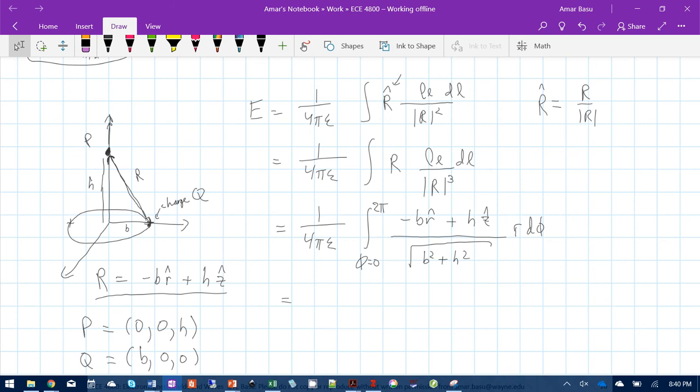Why can we cancel out the r hat term? Correct. We know that this r field, the lateral field, is going to cancel, and you're going to be left with just a z field in the end.